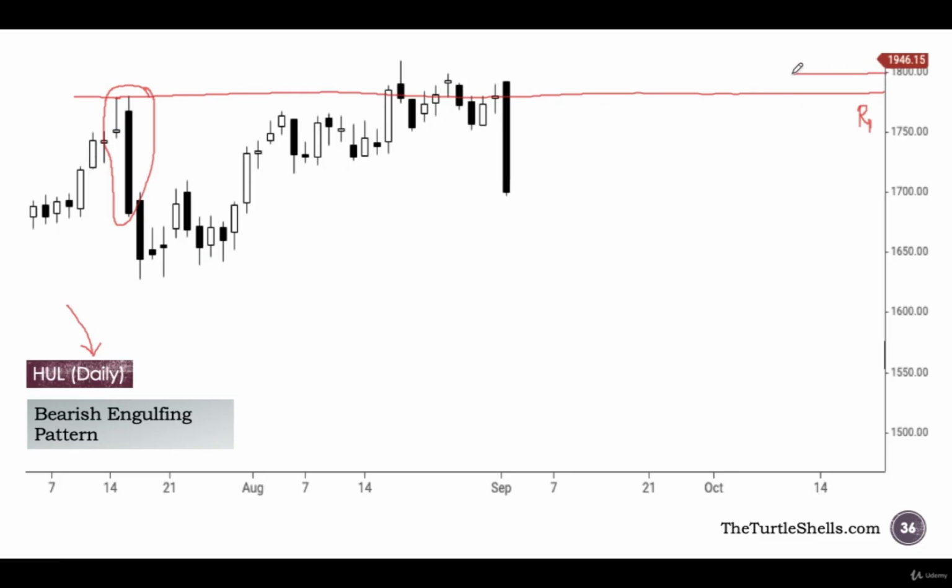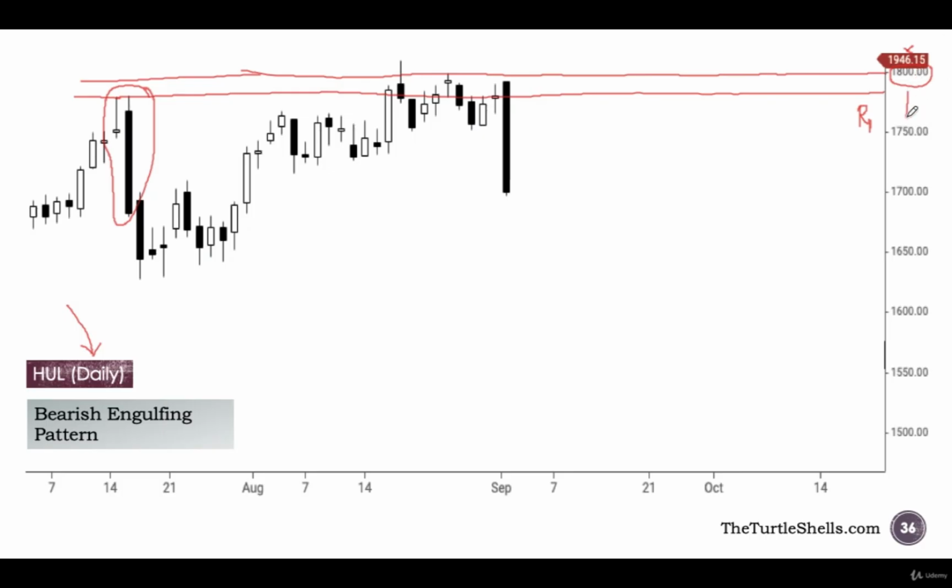Then you have another resistance line, which is 1800, a round number. I think that's the main resistance line. If you look at all of these candles, none of them have closed above 1800, which is a very significant round number. Ignore this 1946 that's coming from the later part of the chart.